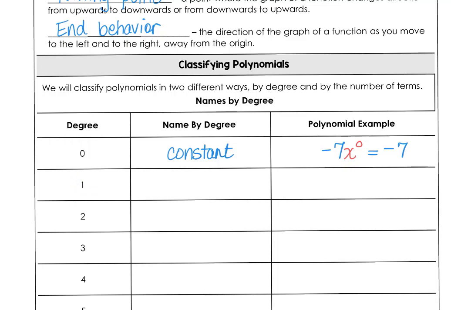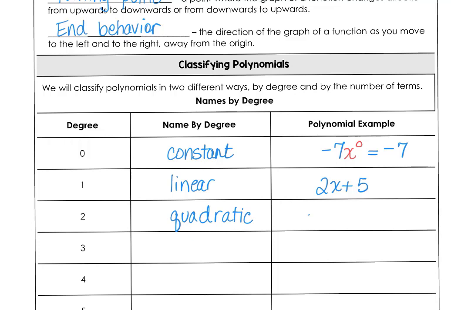When the degree is 1, that would be a linear polynomial. An example, 2x plus 5, because our polynomial function is a variable of x and the power on x is 1. We have a quadratic function when the highest power is degree 2.